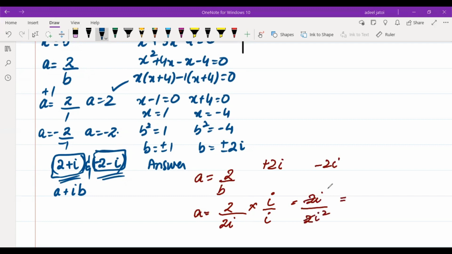Considering that 2 is cancelled, and knowing that iota square is negative 1, this will become negative iota. So when 2 iota is used, in the end you will end up having negative iota, because iota square becomes negative.